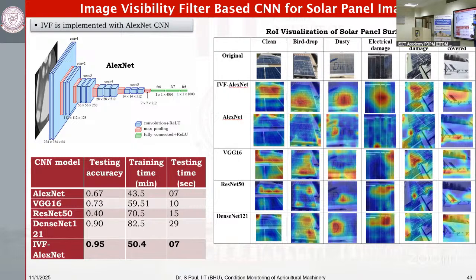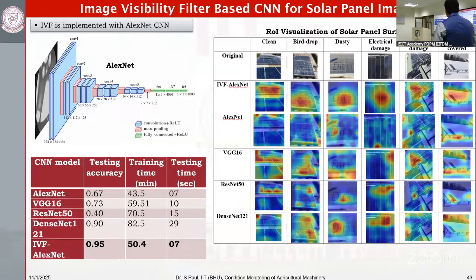And you can see that this red portion shows the region of interest. That means from which portion you will get that classification done, or it will recognize that the image is bad, or it is a bird drop image, or a clear image, or a snow image. If your red is more on the actual hampered area, that means your classification is good, or your learning is good.